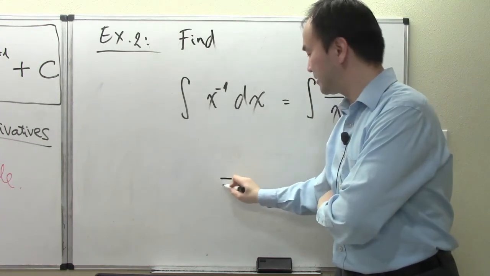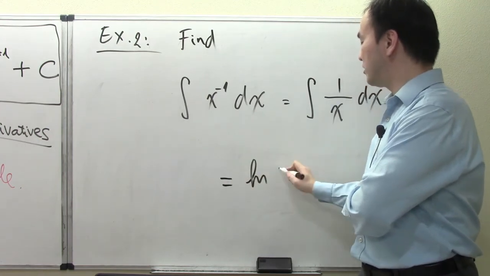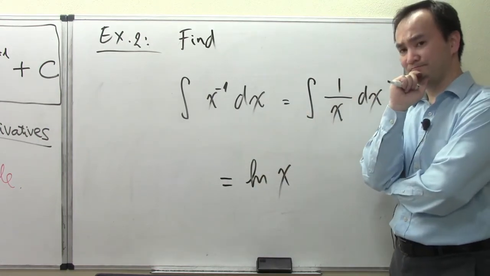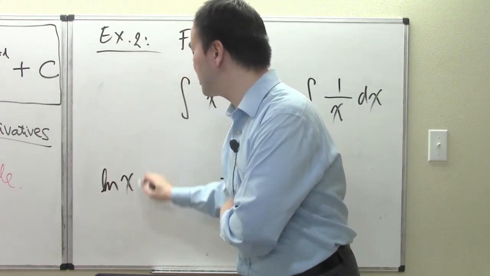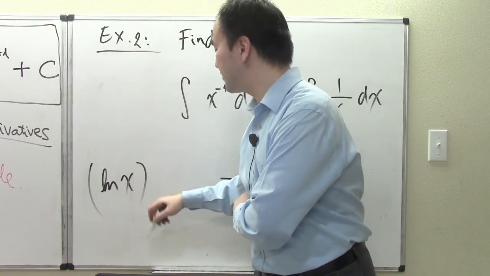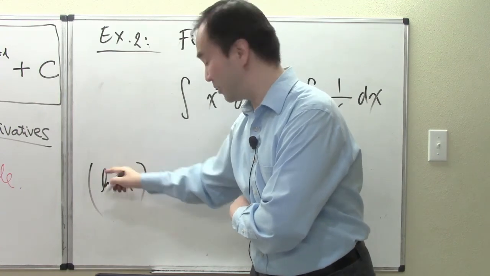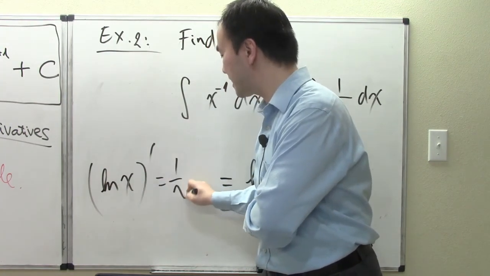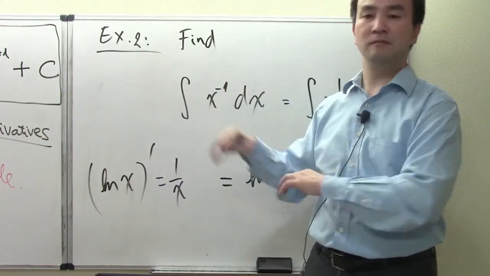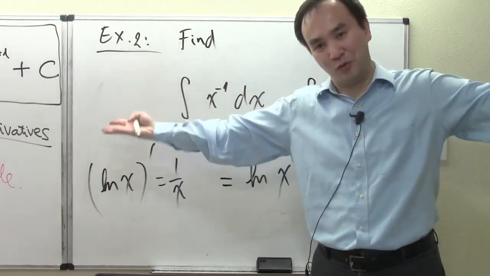Isn't that the natural log of x? Because back in those days when we were doing derivatives, we learned formally that the derivative of natural log of x is 1 over x. So it's just a matter of who remembers wins.